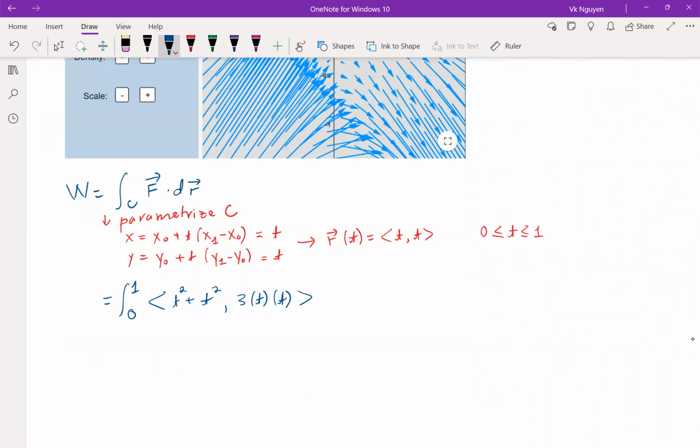Okay, r prime of t is the derivative of this, which is 1 dt. We have 2t squared plus 3t squared dt, so that is going to be the integral from 0 to 1 of 5t squared dt, so this will be 5 over 3.